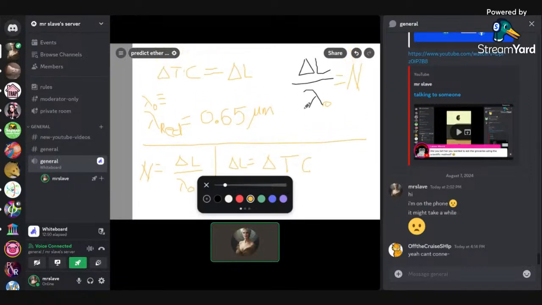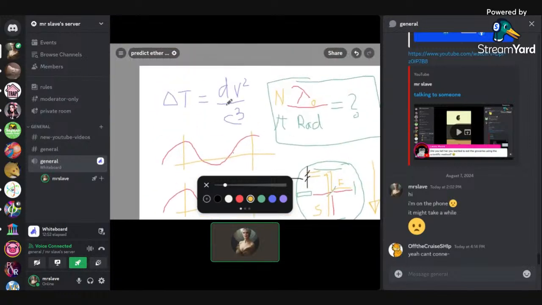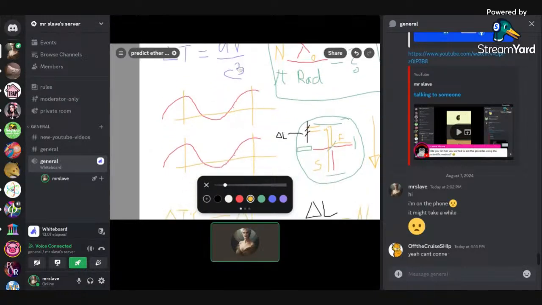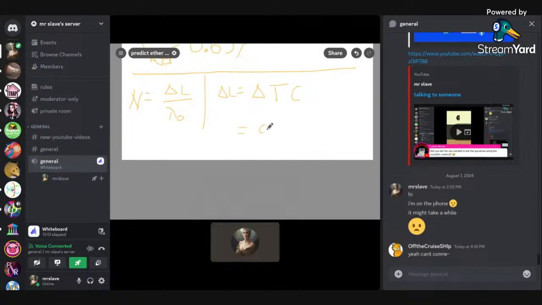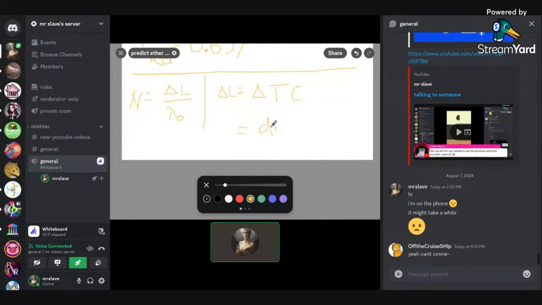What is delta T? Delta T, we know, is D, well, D we'll have to plug in the lab, so it's D V squared over C cubed. V we know, we calculated 6 million meters per second. And C cubed we know. So delta T is d v squared over c cubed. D is the interferometer arm.